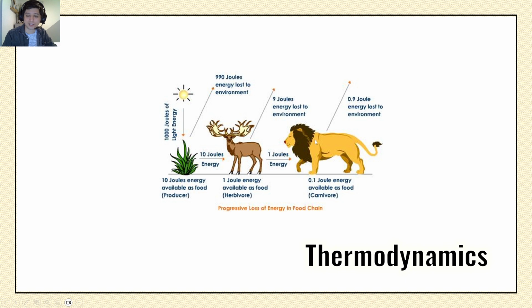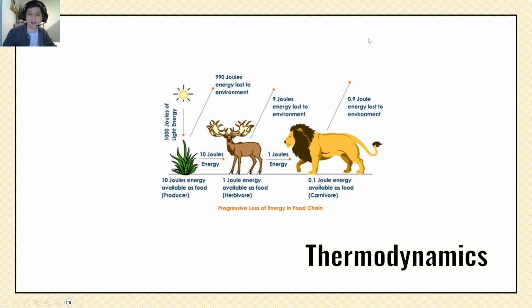That 1 joule gets sent over to this lion. The lion, or the carnivore, will get 0.1 joule of energy from this herbivore, okay? And 0.9 will be lost to the environment. So as we go higher and higher up the food chain, we started with 1,000, it went to 10, then 1, then 0.1. We lost 999.9 joules of energy in the process, lost as heat.